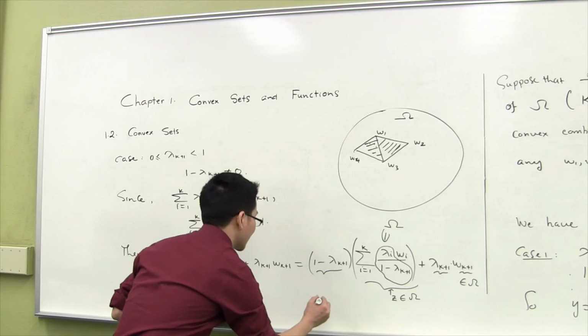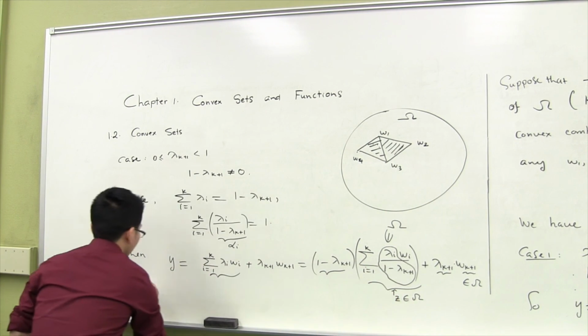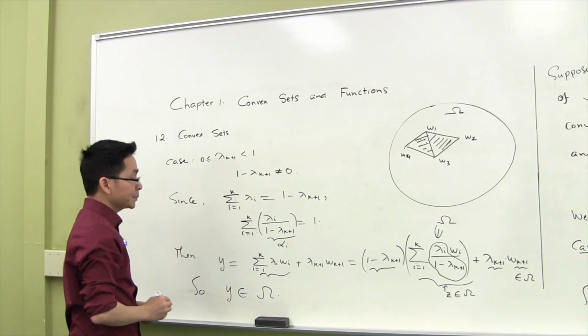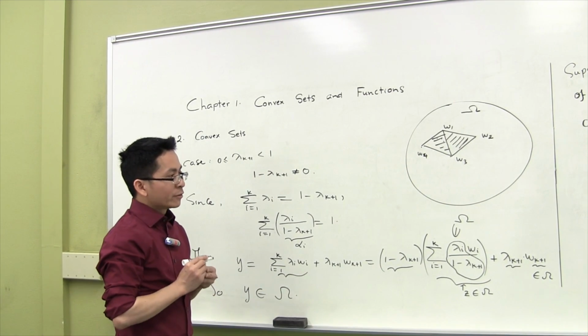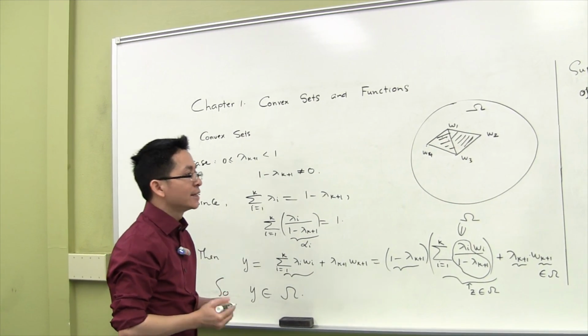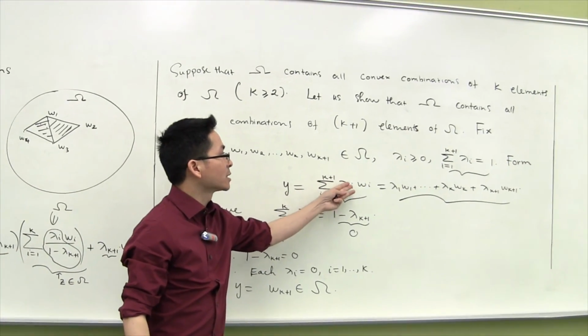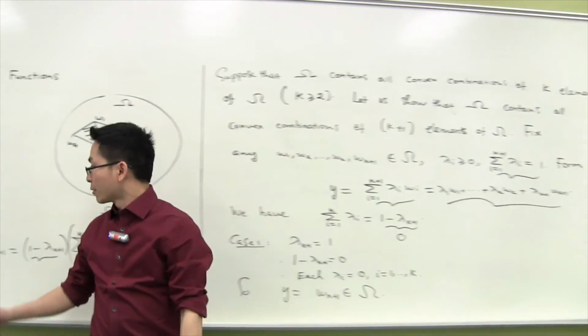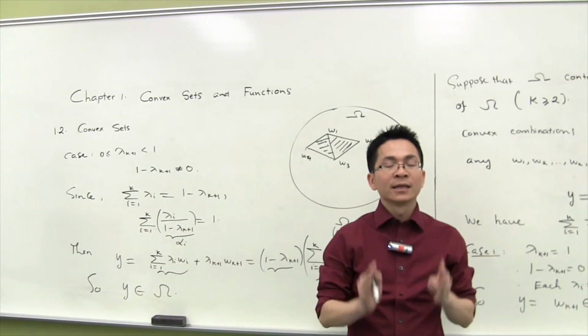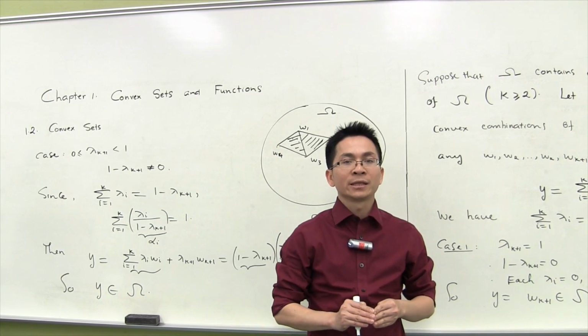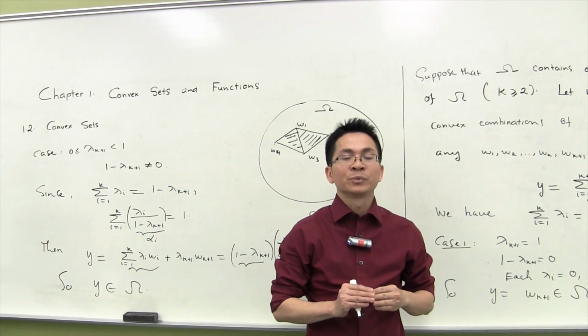Therefore, y belongs to omega. We have completed the proof that any convex combination of k plus 1 elements of omega belongs to omega. By induction, omega contains all convex combinations of its elements, and the proof is complete.